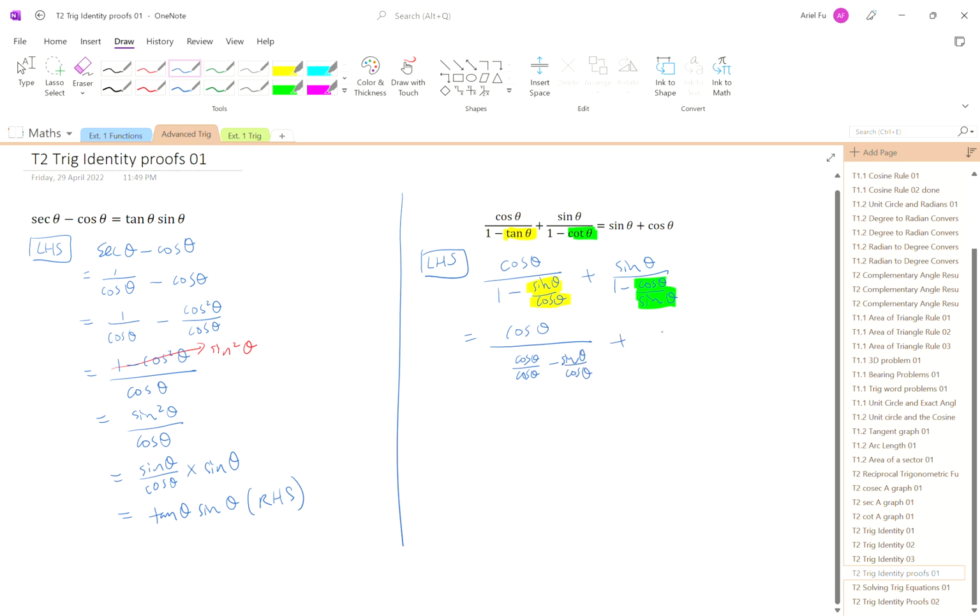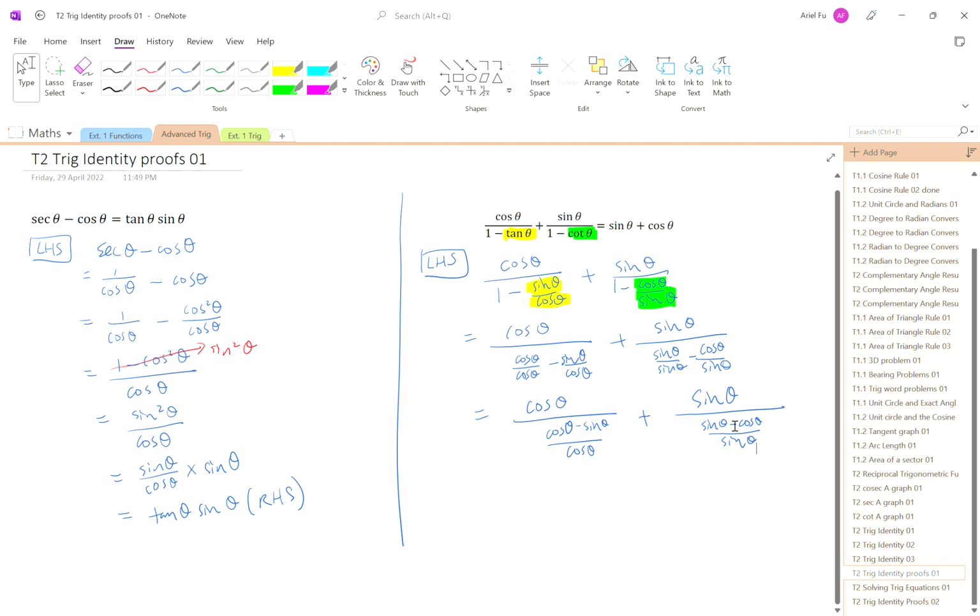You can do the same thing with the second fraction, which is everything in terms of sine theta: cosine theta over sine theta. That means this is the same as cosine theta over, on the bottom, cosine theta minus sine theta, all over cosine theta, plus sine theta over a big massive vinculum. This is sine theta minus cosine theta, all over sine theta.